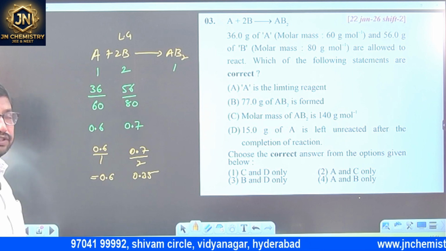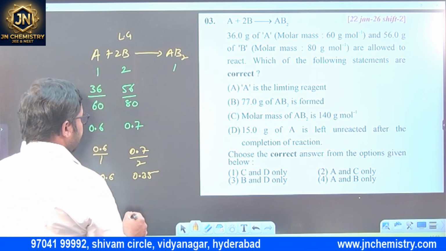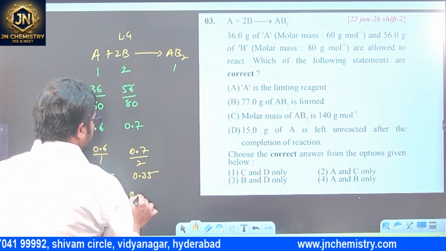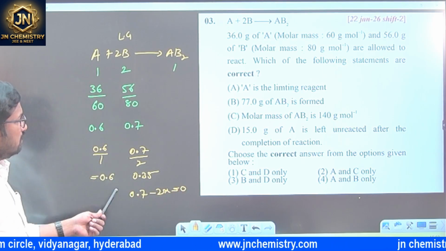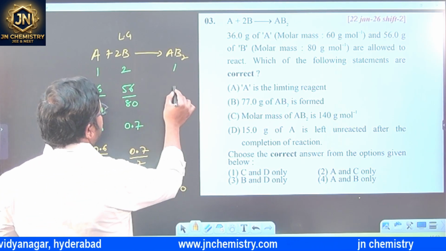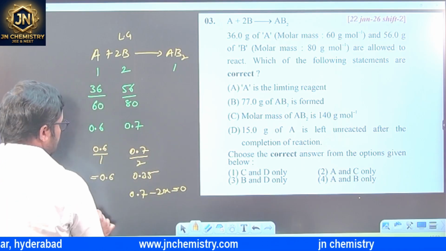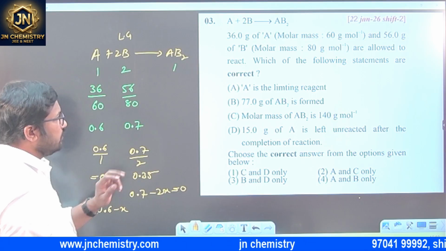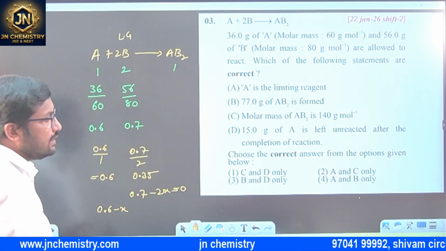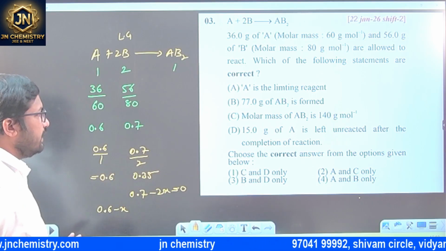One more important thing we can do from the limiting reagent: 0.7 minus 2x is equal to 0, and for A, 0.6 minus x. I'll explain the same question on the next page.